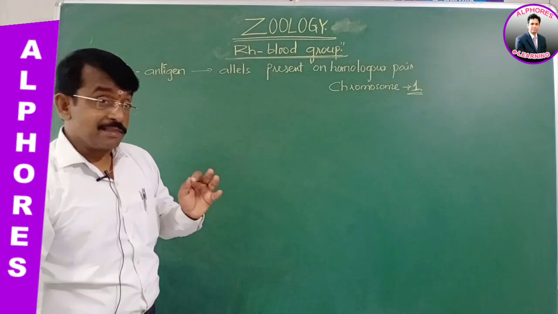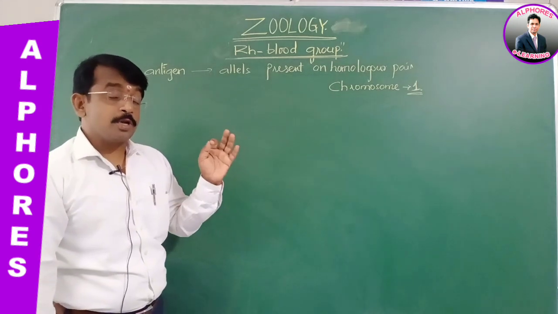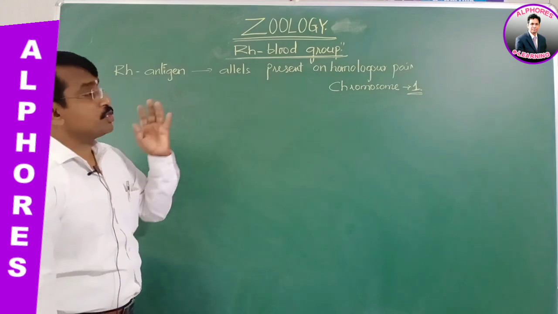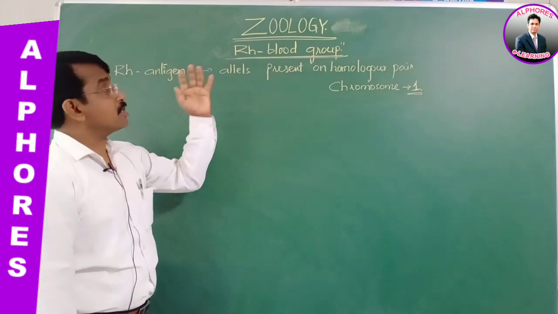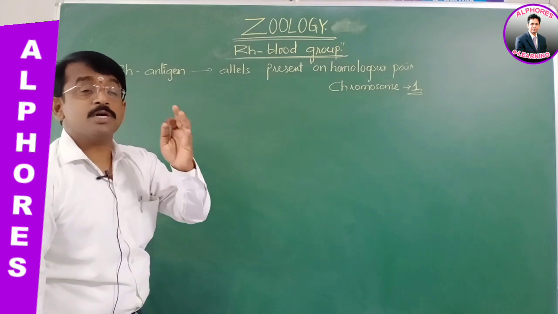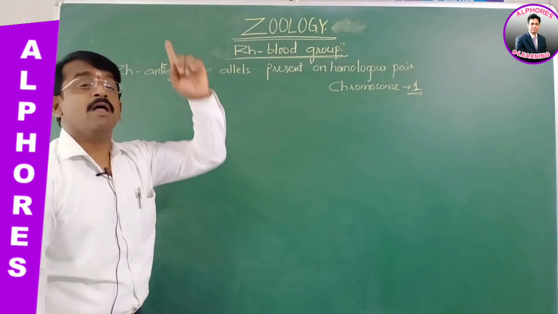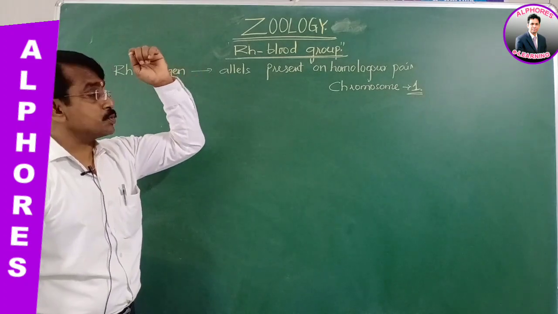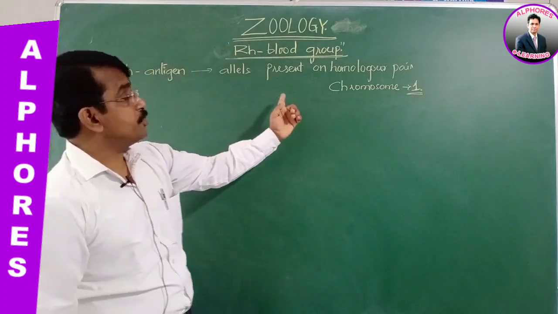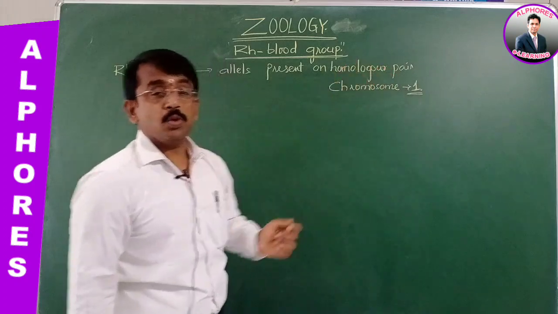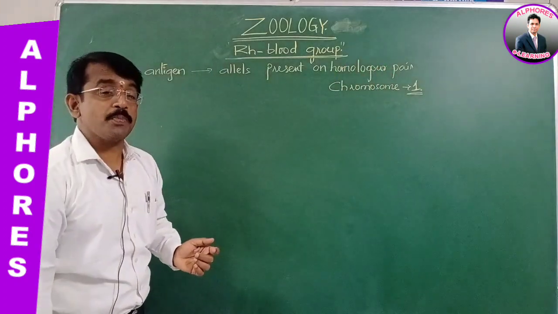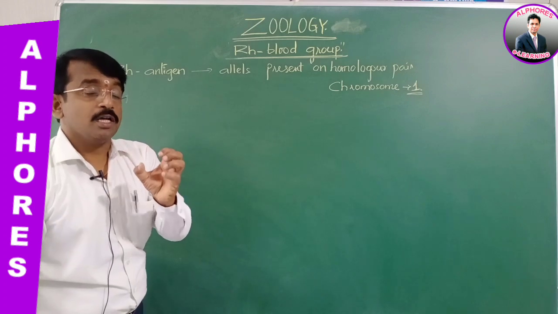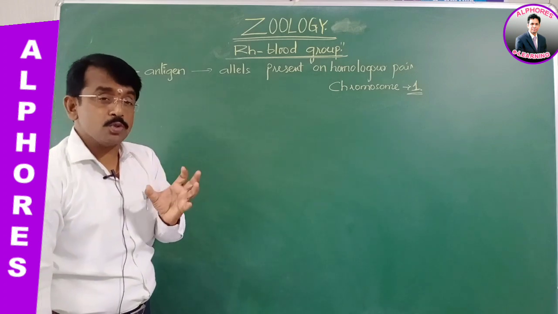That is, the genes regulating the ABO blood grouping system and the Rh blood group system are under the control of autosomes. ABO is controlled by the genes present on chromosome 9, and here chromosome 1, homologous pair of chromosomes, homologous in the sense of the genes present on a chromosome.